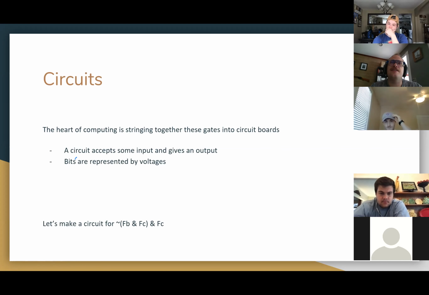So I think that most circuits, it's a voltage that sends that signal. So a voltage of 0.5 volts is 0, and a voltage of 5 volts is 1, usually, on a circuit board.